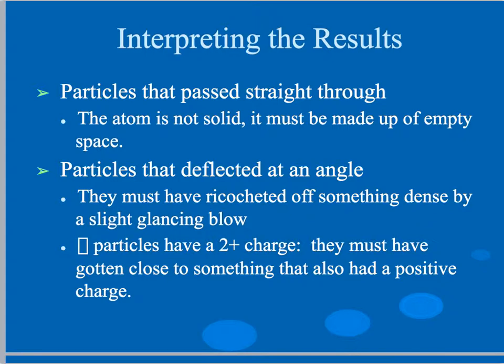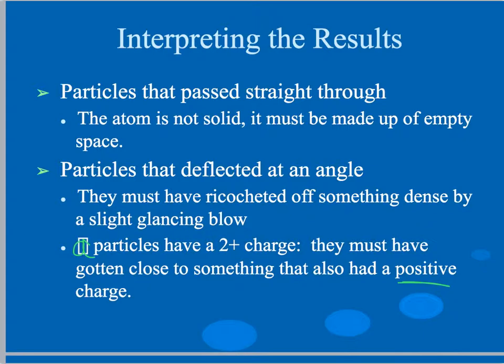Alpha particles, those particles that were shot into the gold foil, we know that they have a positive 2 charge. And so what Rutherford said, knowing what he knew about electrons from Thomson, and negative and positive charges generally, was that the positive charge must have come close to something else that also had a positive charge, because positive and positive would repel.